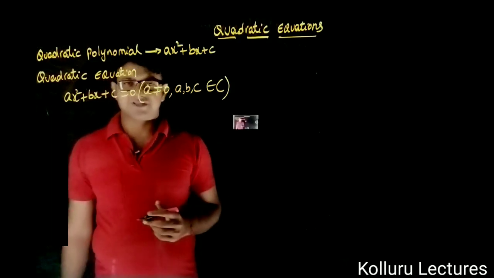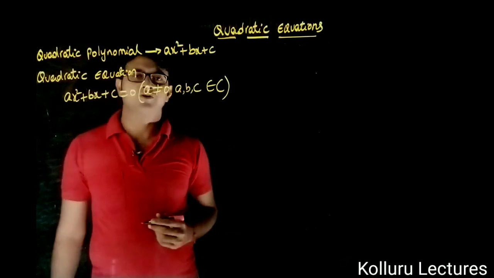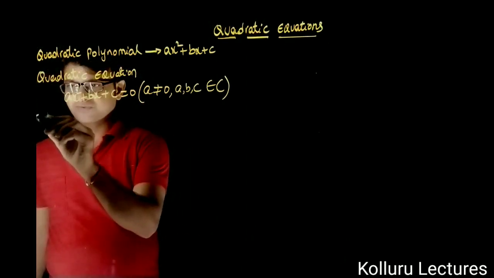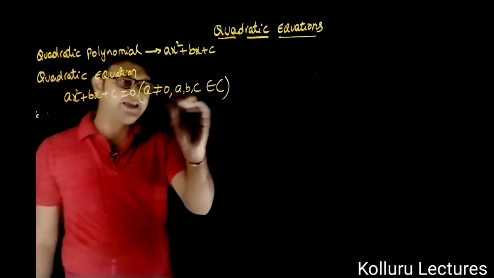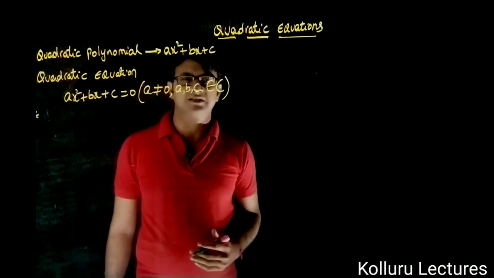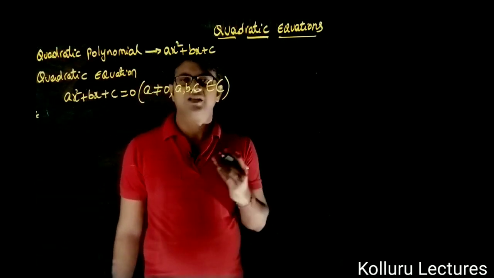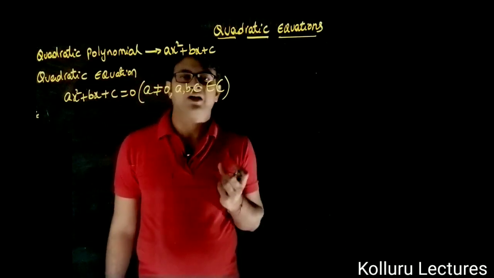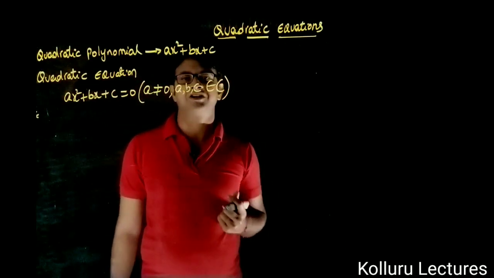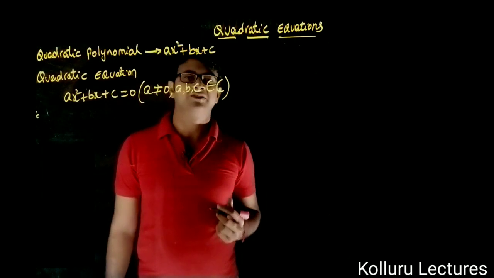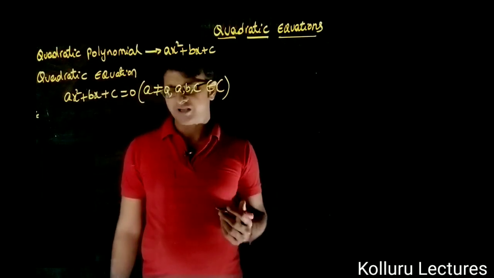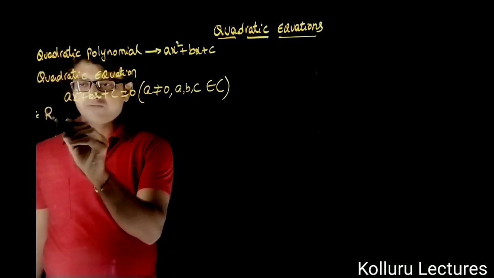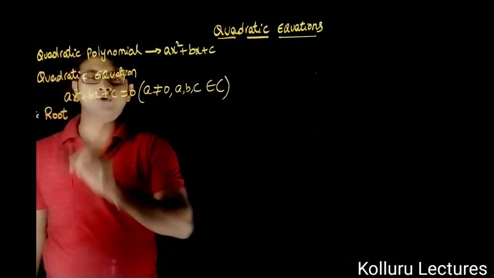Apart from this, when we are studying quadratic equations, as we have known, a, b, c are constants and the only variable is x. So if I have a quadratic equation, I need to calculate the value of x. Officially and mathematically we have one name for it, which is root.